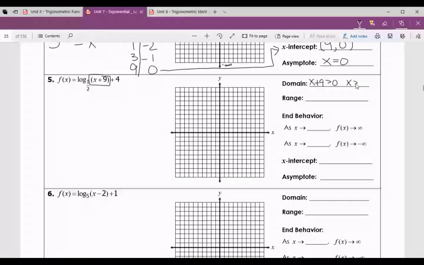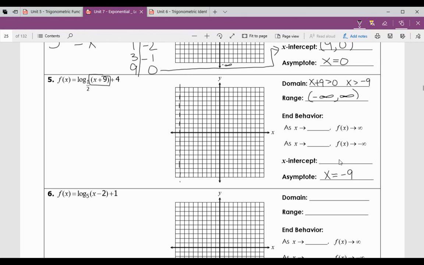So x is going to be greater than negative 9, which means my asymptote will be over here at negative 9. Everything we graph is going to be on the right side of that line. Our range is still all real numbers.